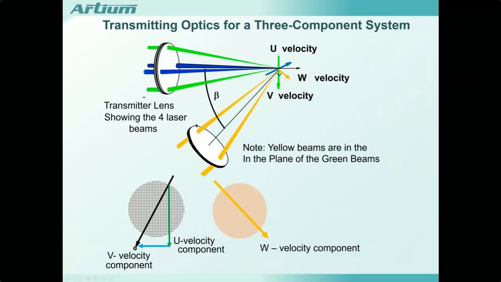We typically will use a yellow for that component, and we have to orient that transmitter so that a velocity component is measured along the bisector of the other 4 beams. So we need to get that velocity vector. In this off-axis arrangement, we'll get a component in that direction. So that gives us all 3 velocity components.